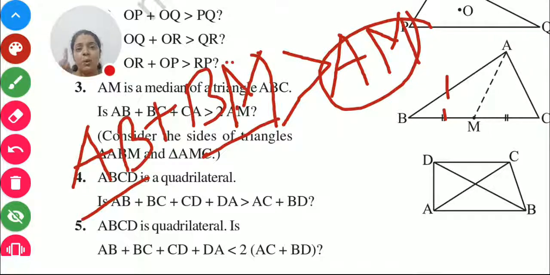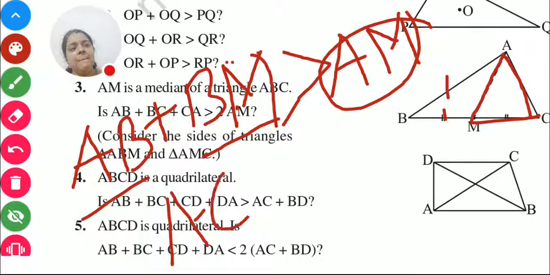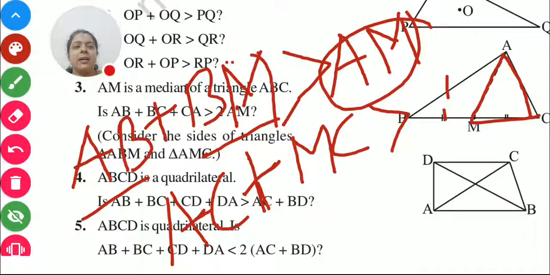Okay, so we found one equation over here. Now I'll take another triangle, AMC. Again AM is common. So AC plus MC is greater than AM.